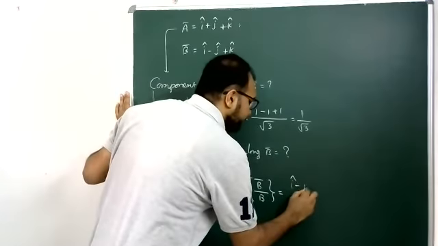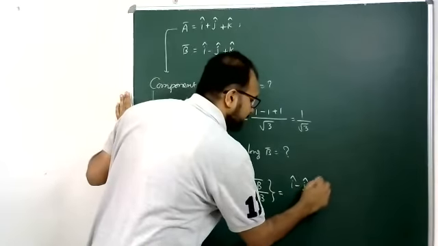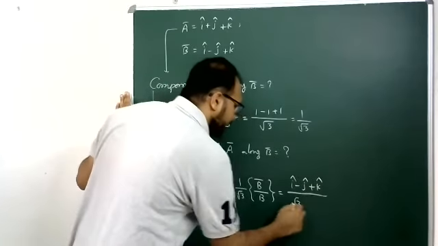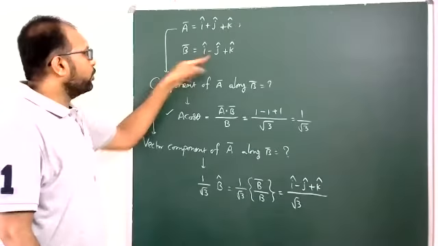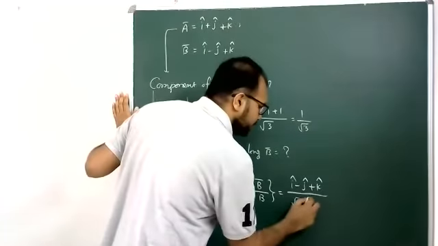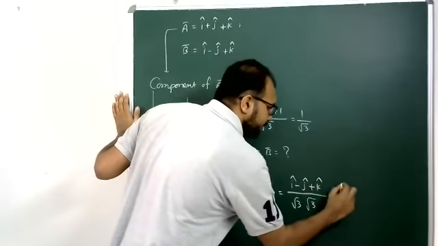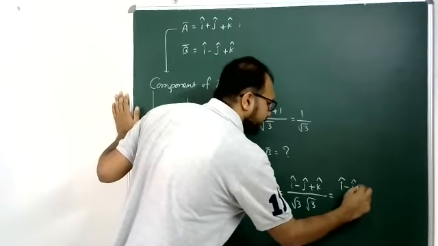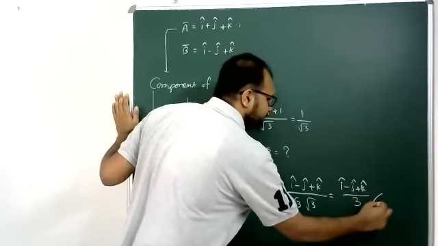I cap minus J cap plus K cap, divided by root 3. And what is the modulus of B bar? Root over, again root, so root 3. Final answer: I cap minus J cap plus K cap divided by root 3.